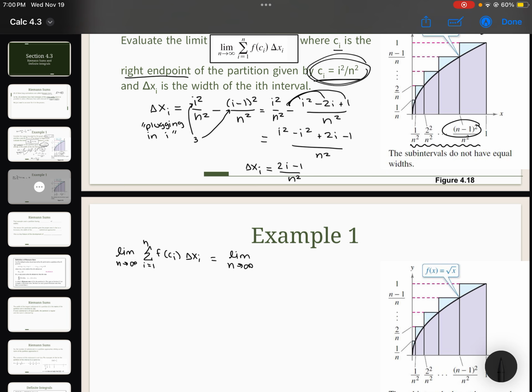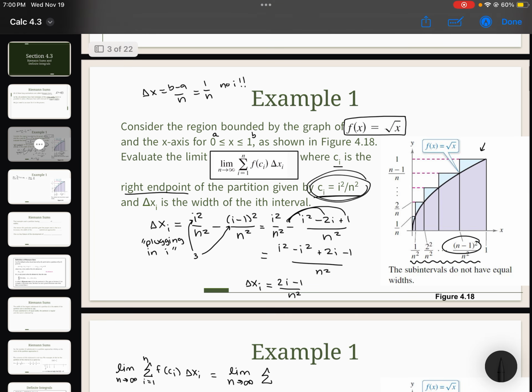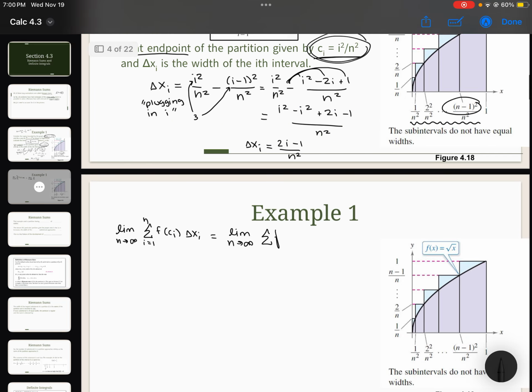Limit as n approaches infinity, summation. I want to plug that ci into my original function, which was the square root. So I'm going to have the square root of i squared over n squared. That, again, is this value they told us to plug in. They had to give us that information. So this is representing the height of all of our rectangles times that variable width that we just came up with on the previous page.